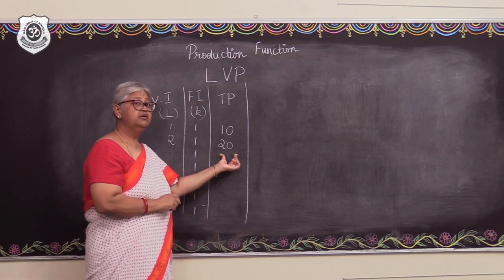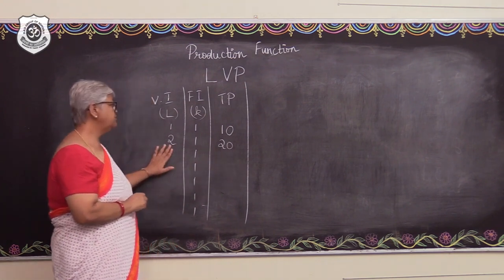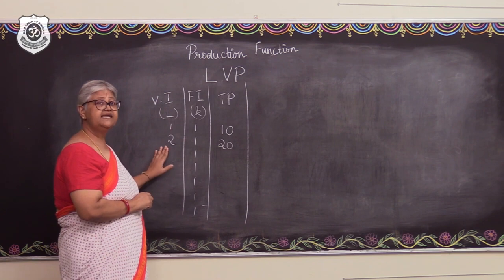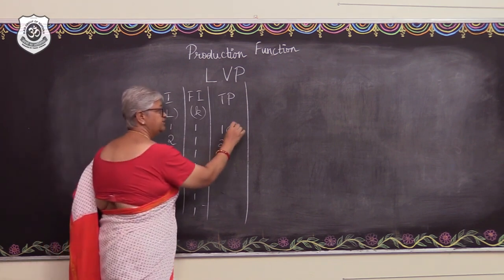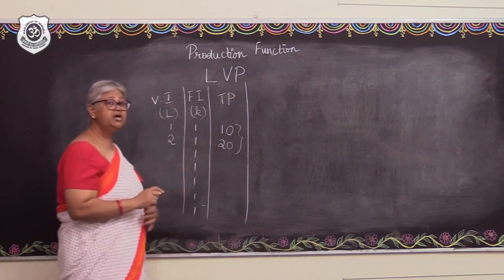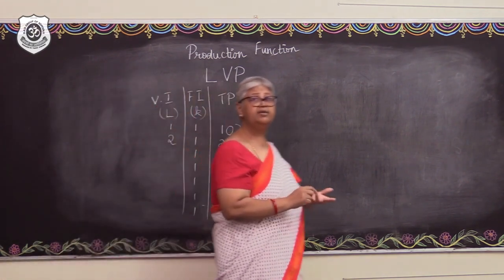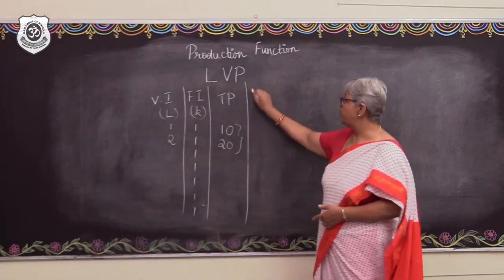What does that mean? The contribution by the second person is going to be the difference between these two. What am I talking about? I am talking about the marginal product.